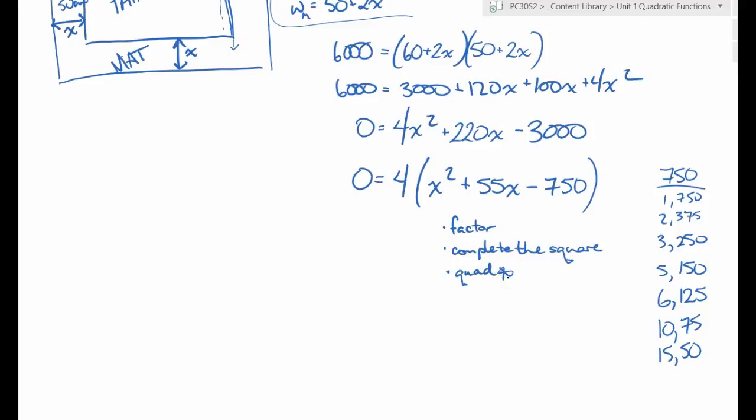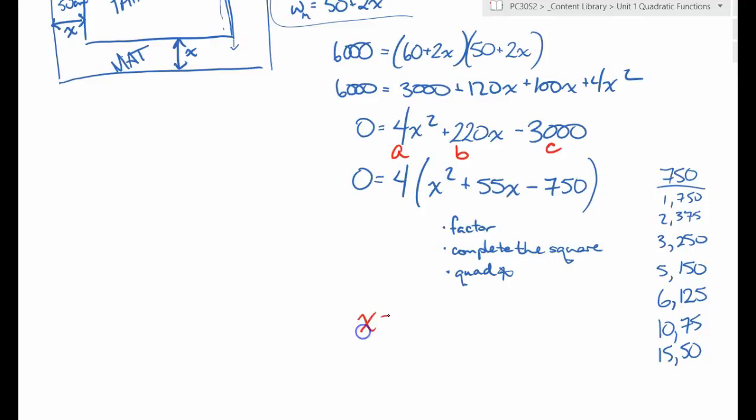In which case, I can go back to my original equation. So A is 4, B is 220, and C is negative 3000.